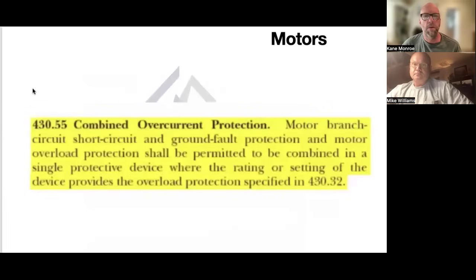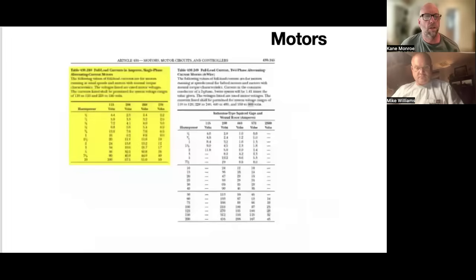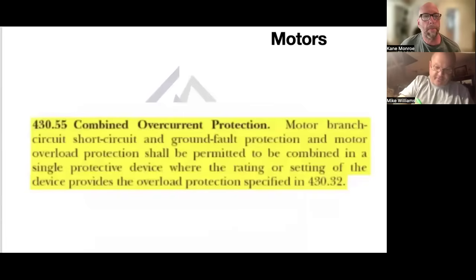Most types of motor protection shall be permitted. That's another code question. Since you're not too concerned about that, we're going back to our tables. That was 430.55? Yes, sir.